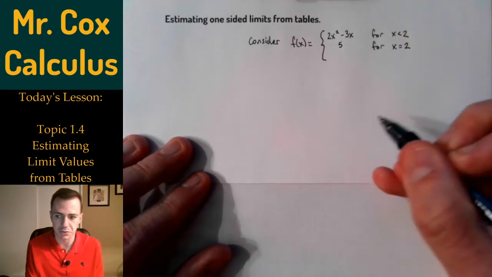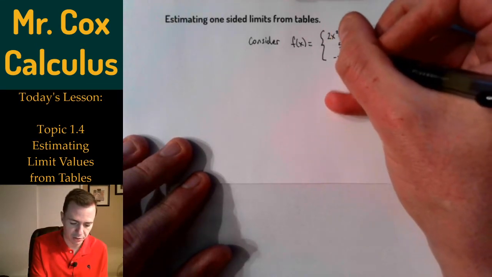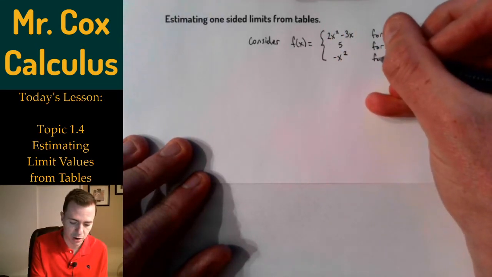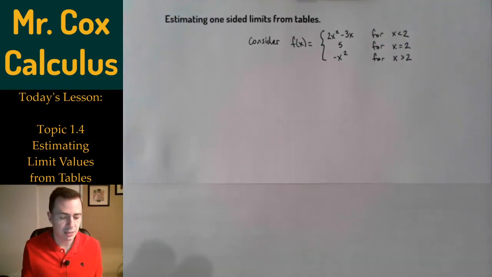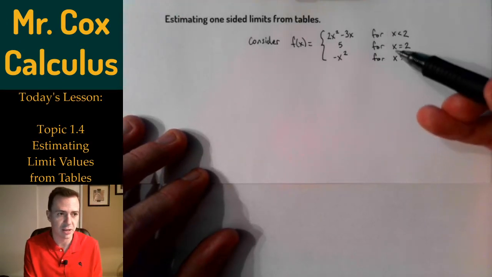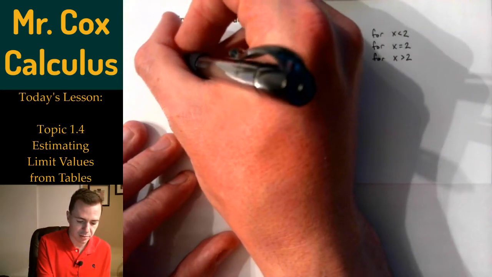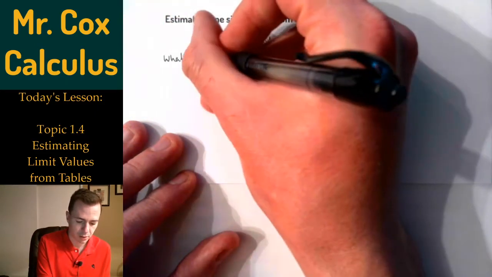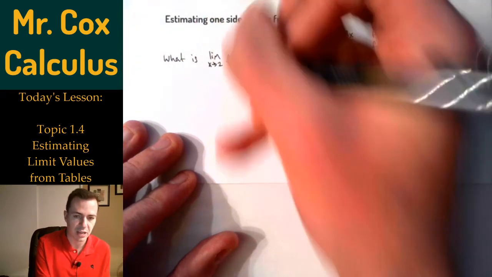And then the last piece, for x greater than 2, I'm going to let the function look like negative x squared for all x greater than 2. And as you can probably tell, the x value I'm really interested in discussing the limit of is 2. So I want to know, what is the limit as x approaches 2 of this particular function f of x?